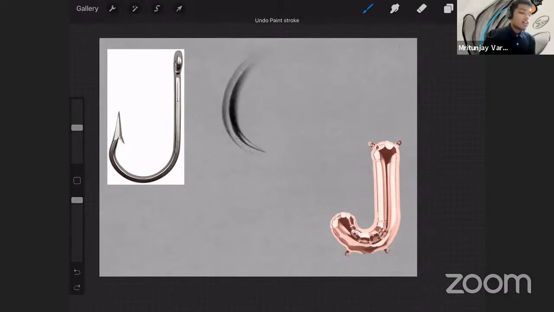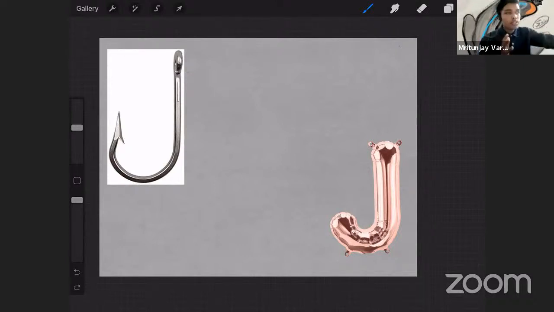There's nothing wrong in it, it's good, but the challenge is you're not allowing yourself to warm up and then hit the curve, which fortunately this letter J does.